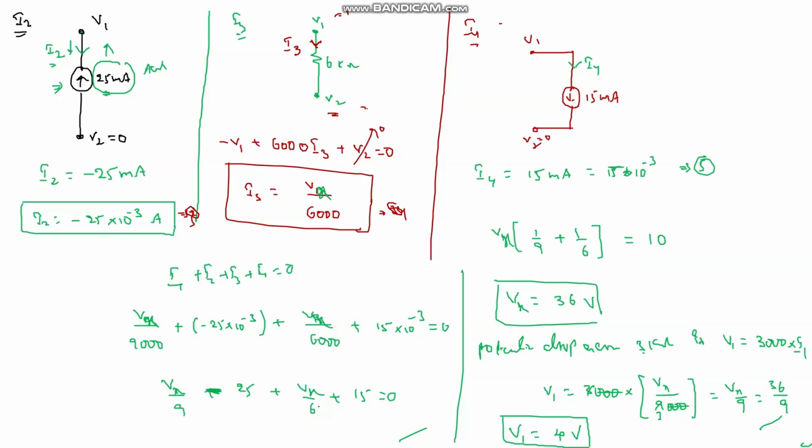Vx is 36. V1 is 3000 into I1, and I1 is Vx by 9000, so 3000 into Vx by 9000 is Vx by 3. Sorry, here it is not 9, it is Vx by 3. So 36 by 3 is 12 volts. This is the final answer.